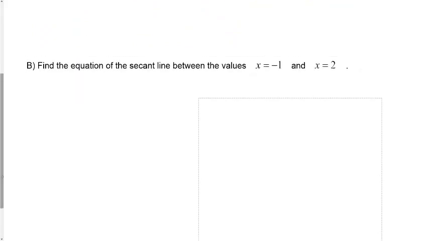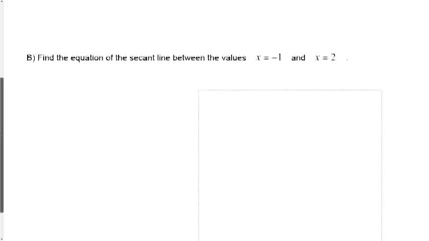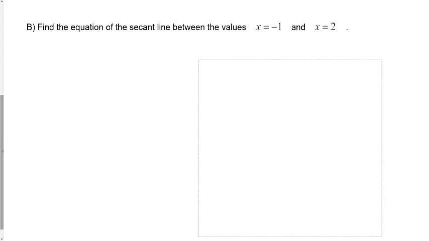Now, very often, one thing that we need to do, once we have a slope between 2 points, is find a line that connects them. So let's make sure you know how to take a point and slope and come up with a line. The formula that you need to remember here is the point-slope form of a line.